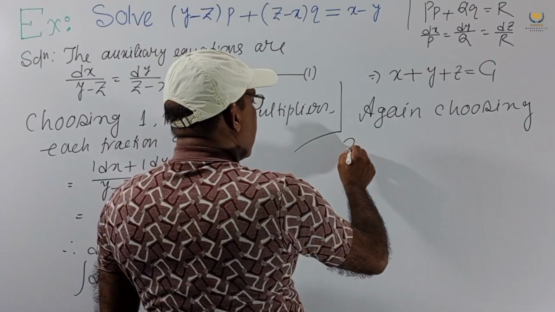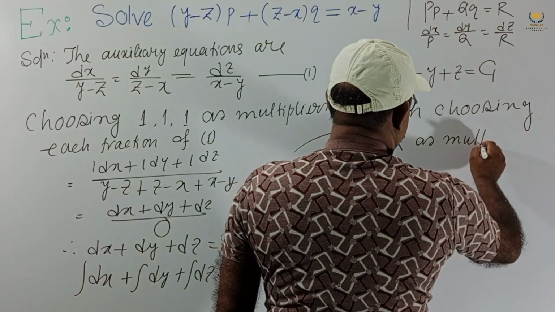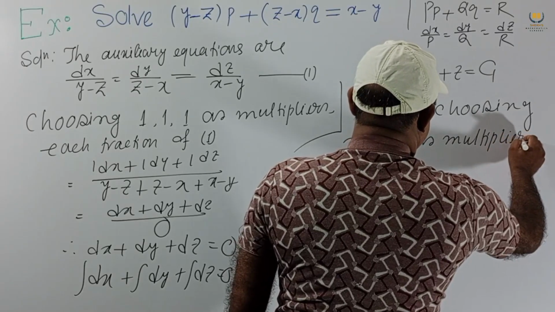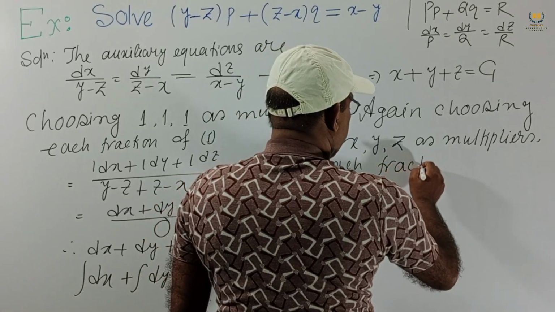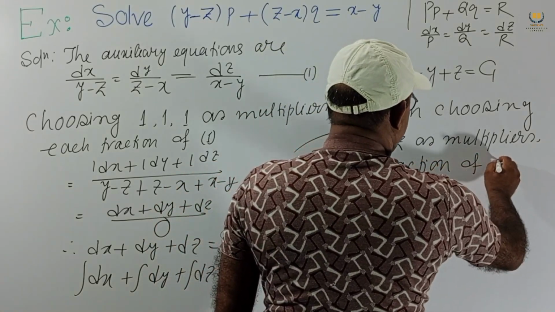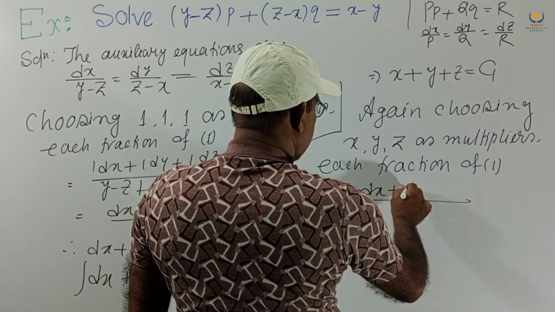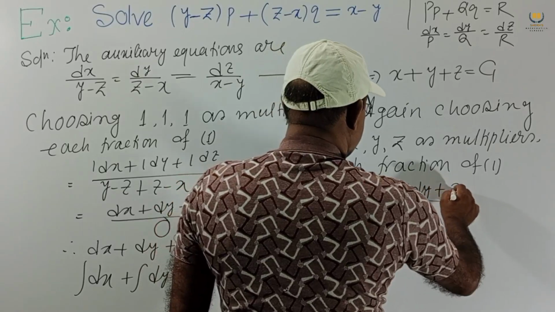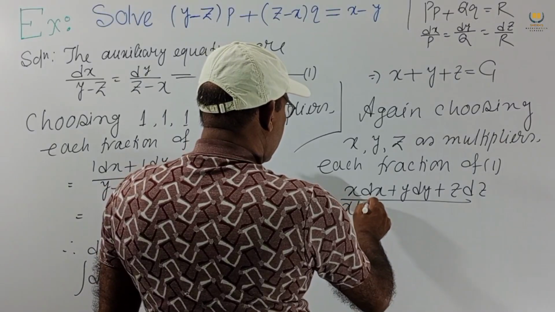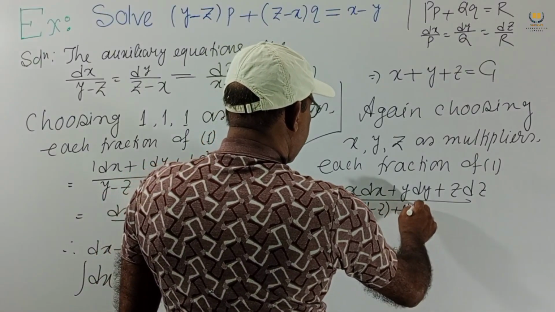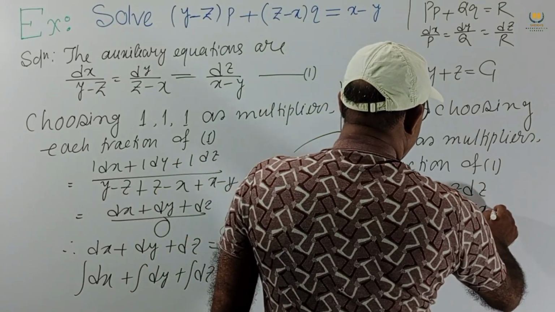Again choosing x, y, z as multipliers, each fraction is equal to (x dx + y dy + z dz) divided by (x(y − z) + y(z − x) + z(x − y)).